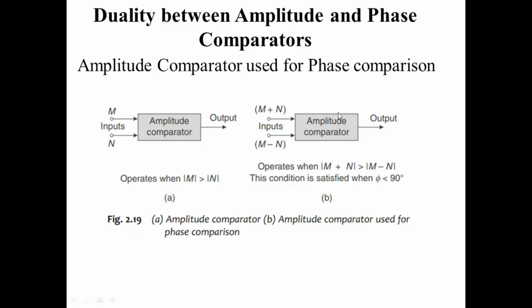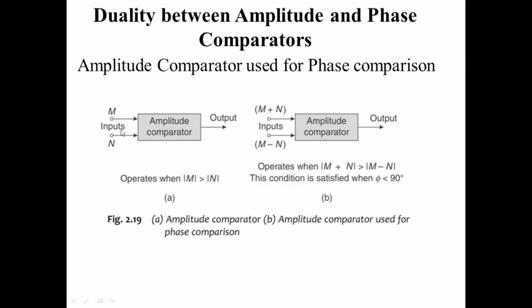Here, M is greater than N. What is the formula for that relay? When the relay operates, the operating quantity is greater than the restraining quantity. In the amplitude comparator, M represents the operating quantity and N represents the restraining quantity.